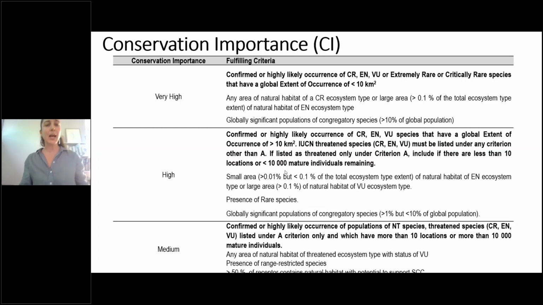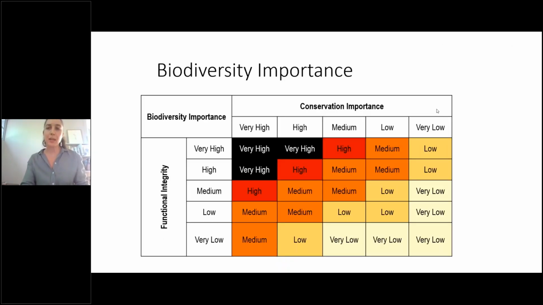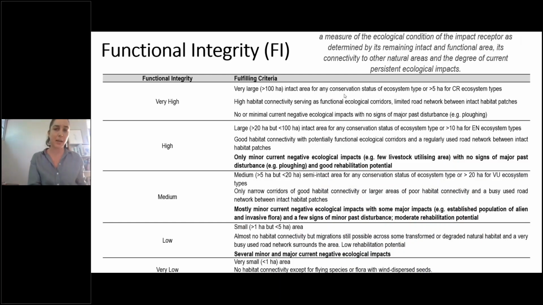And then the same thing for the functional integrity. So the functional integrity measures the ecological condition of the impact receptor, and that's determined by its remaining intact habitat. So here we're looking at what is the condition of the habitat and how functional it is.